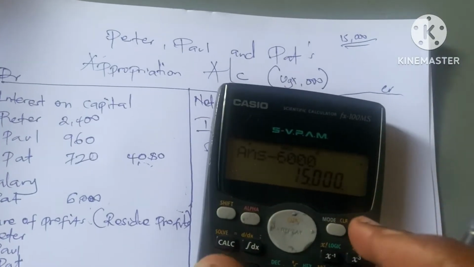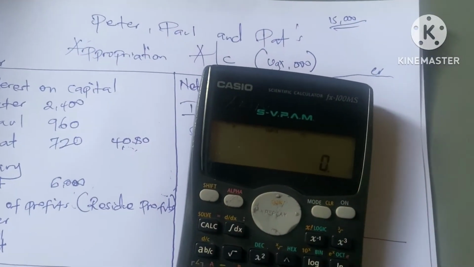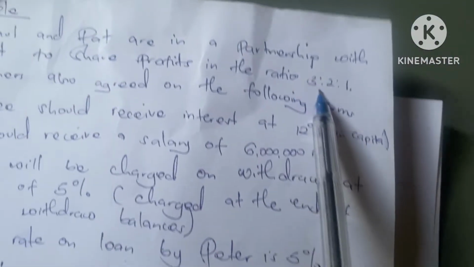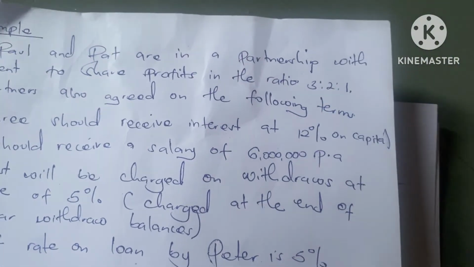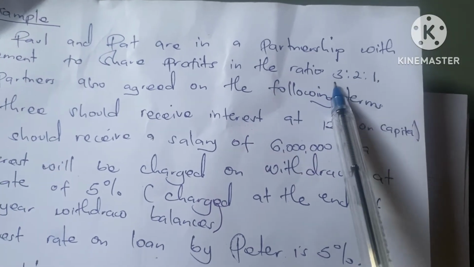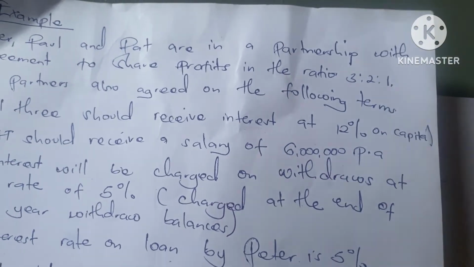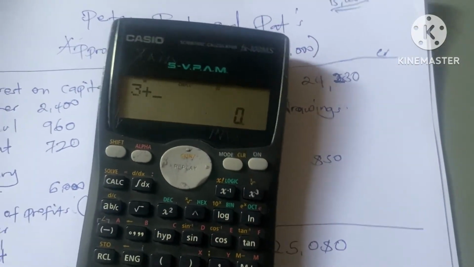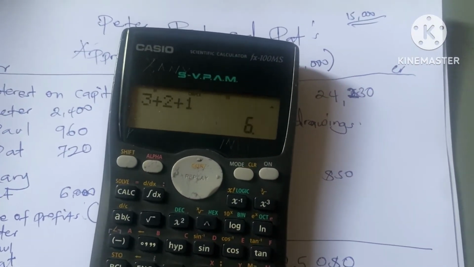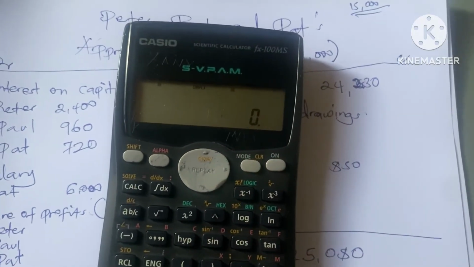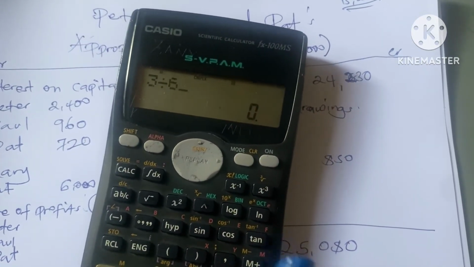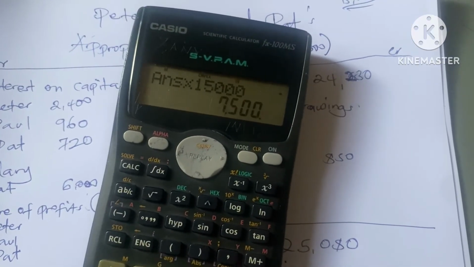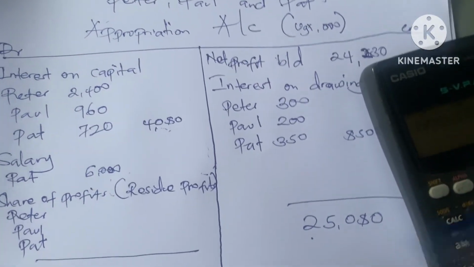We have to share it among the 3 partners using the ratio they told us, which is 3 to 2 to 1. So 3 is for Peter, 2 is for Paul, 1 is for Pat. 3 plus 2 plus 1 is 6. So it's 3 out of 6 times the profit of 15,000, which is 7,500 for Peter.